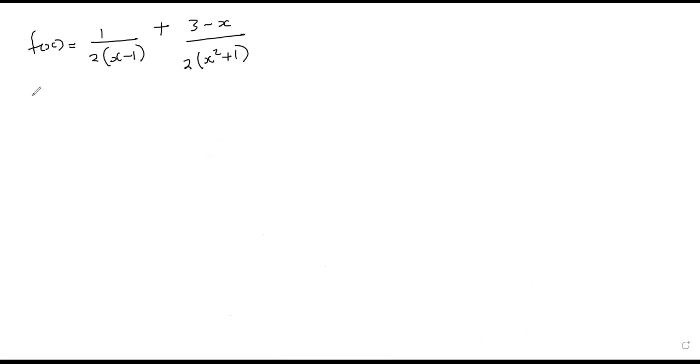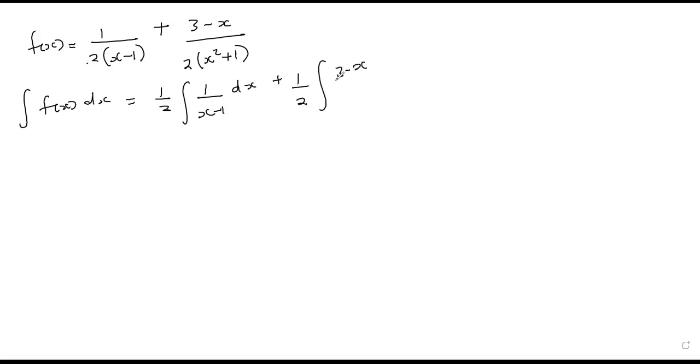Now, if I want the integral of f of x dx, it is going to be equal to, I will factorize out this 1 over 2, then the integral of 1 over x minus 1 dx, plus even here I can pull out a half, sorry, then the integral of 3 minus x over x squared plus 1 dx.